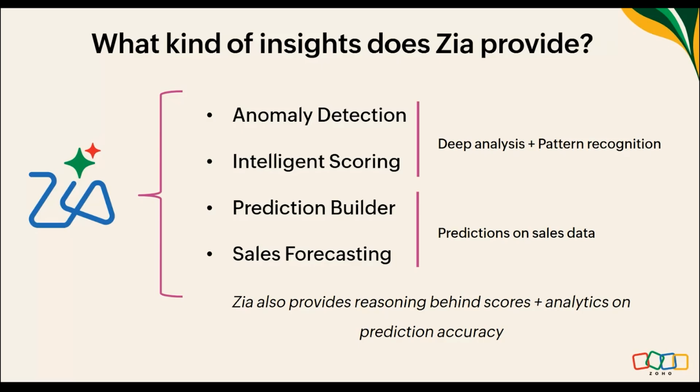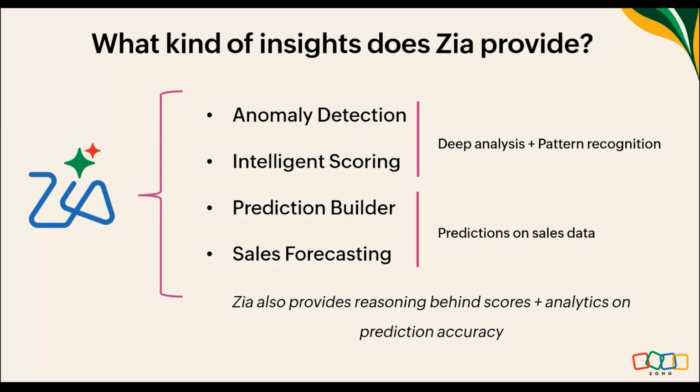Zia can also go beyond just identifying patterns in the data that's there and even predict various aspects of your data. So for instance, it can help you figure out which products your customers may be interested in buying, or the date on which a deal is likely to close.